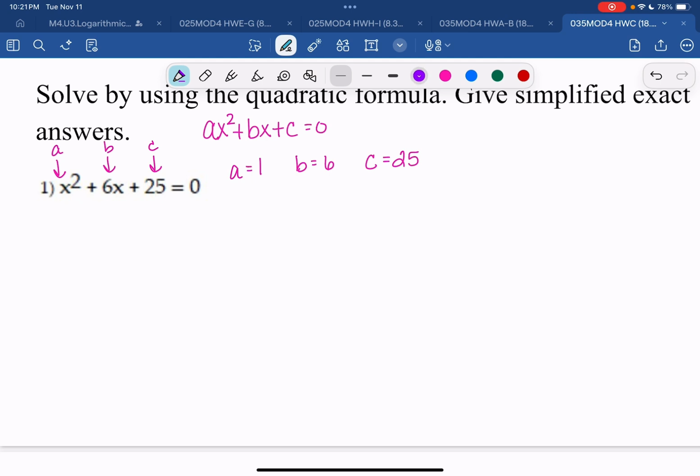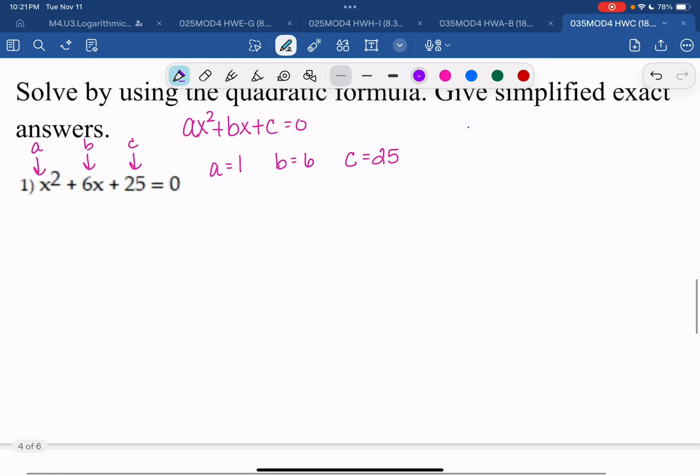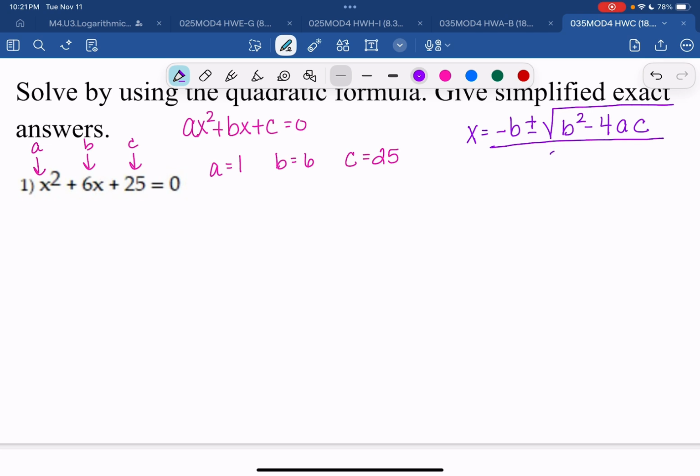I'm going to start by just writing our formula. x equals negative b plus or minus the square root of b squared minus 4ac, all over 2a. Now let's plug in. x equals negative b, which is always the opposite of your b.